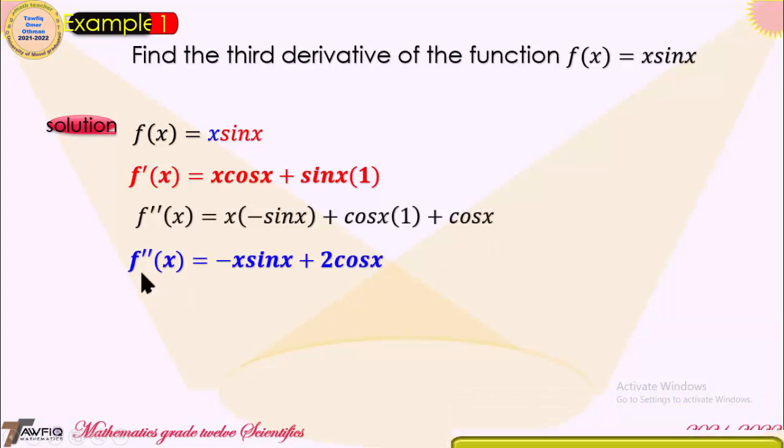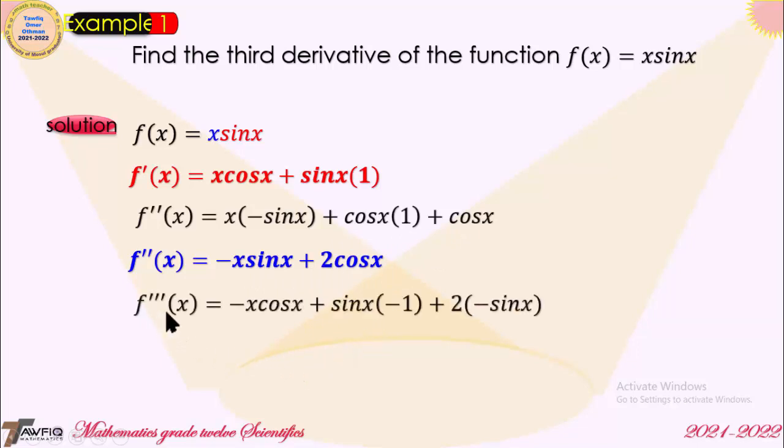Simplifying, the second derivative is equal to minus x sine x plus cosine x plus cosine x, which is 2 cosine x. And the third derivative is the first one, which is minus x, times the derivative of the second one, sine x, which is cosine, plus the second one, sine x, times the derivative of the first one, the derivative of minus x, which is minus 1, plus 2 times the derivative of cosine, which is minus sine.